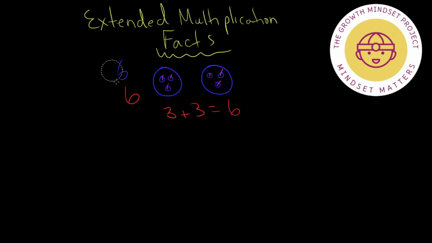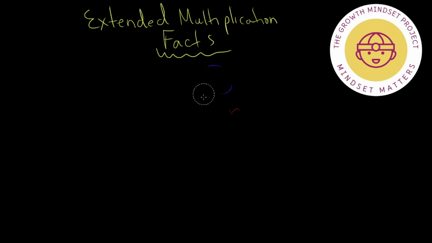We're going to move on to something today which is called extended multiplication. And extended multiplication looks like this. So if I had 2 times 3 again, as we did previously, we know that's 6, right?